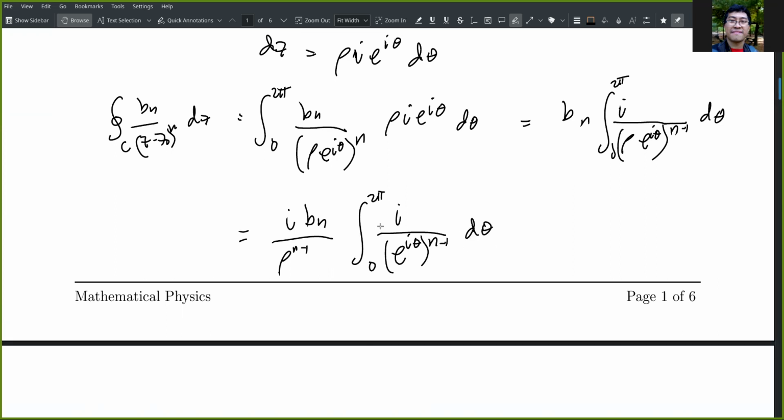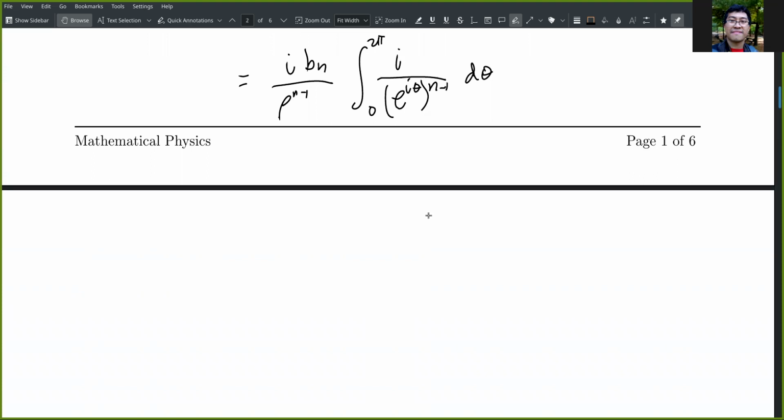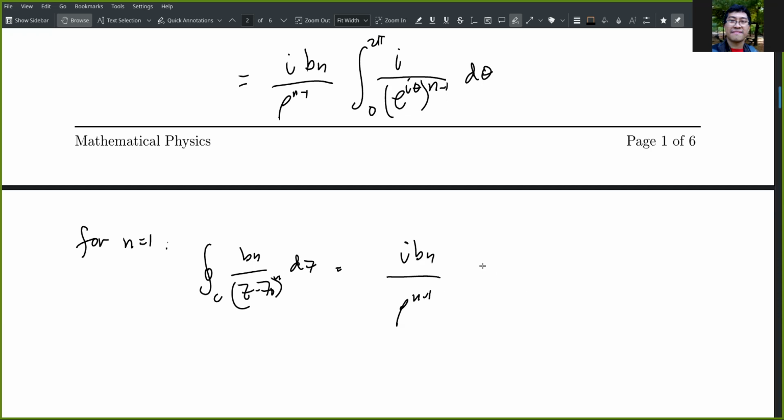So this integral is basic. Let us check for n not equal to 1: the integral on C of b_n over (z minus z0)^n dz is i b_n over rho^(n minus 1) times the integral of e^(i theta (1 minus n)) d theta.